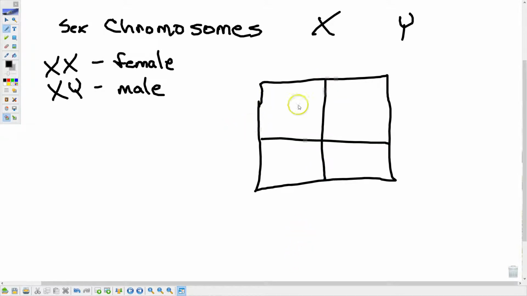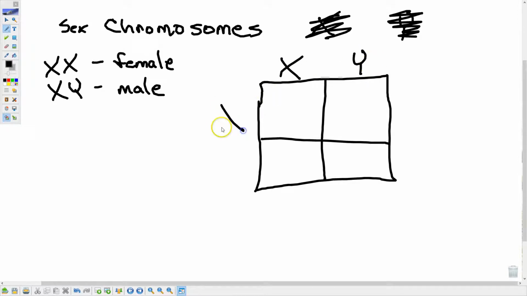And now let's put the X here and the Y here. Let's get these out of the way just so we're not confused. This is the male. We will put him here. We will put mom over here. Well, mom is going to donate an X or an X, so we can move an X over here for all 4 boxes.